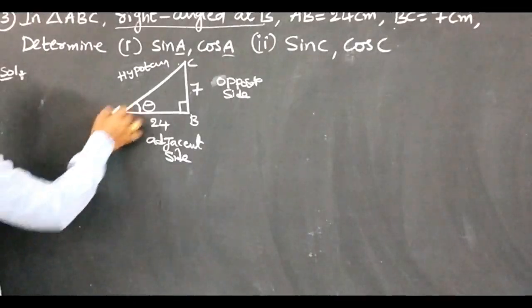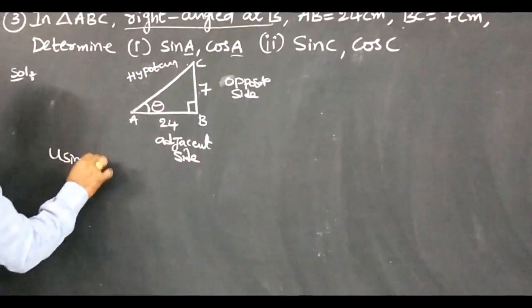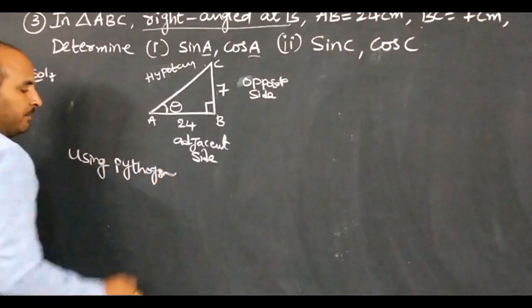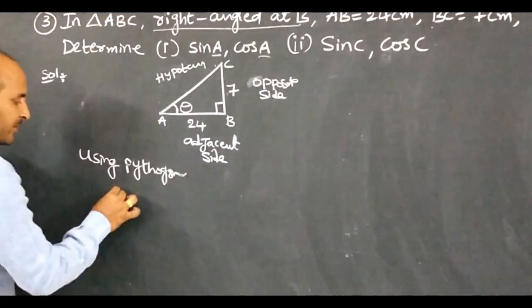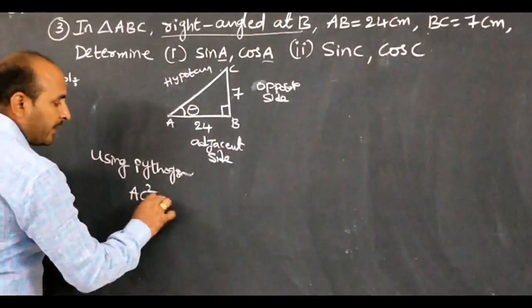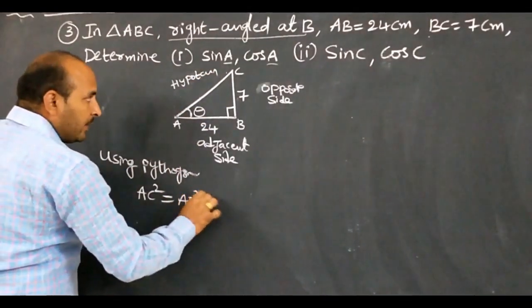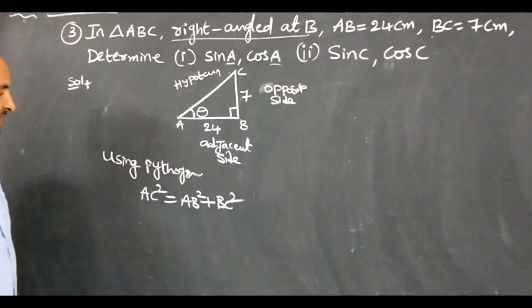You have to find the AC side using Pythagoras theorem. What is the definition of Pythagoras theorem? Hypotenuse square, AC square, is equal to AB square plus BC square.